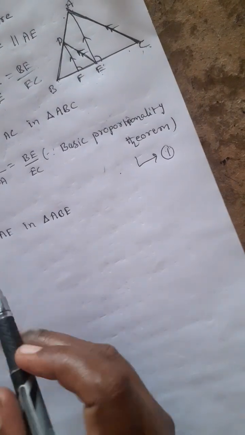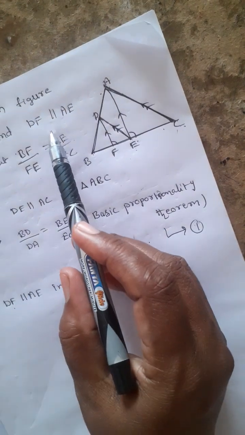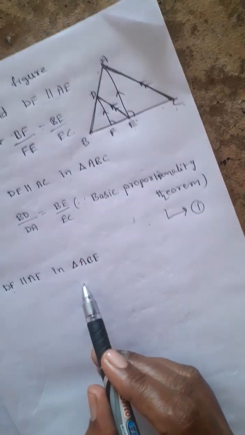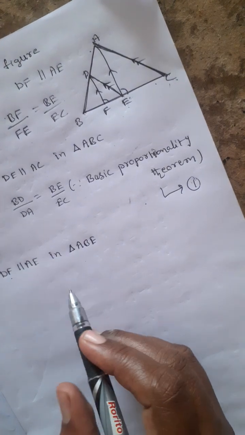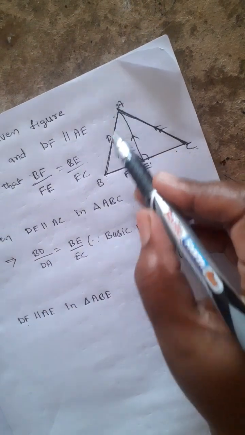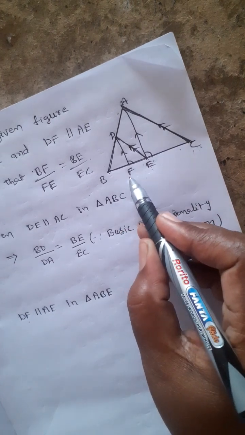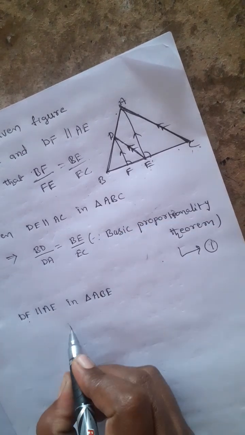Now, given one more pair of parallel lines, DF parallel to AE. It is happening in triangle ABE. So now see in the diagram ABE, how can you write BF by FE?